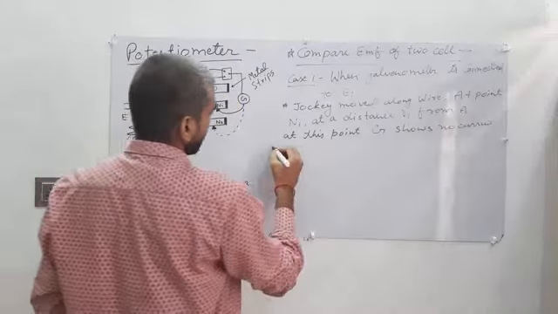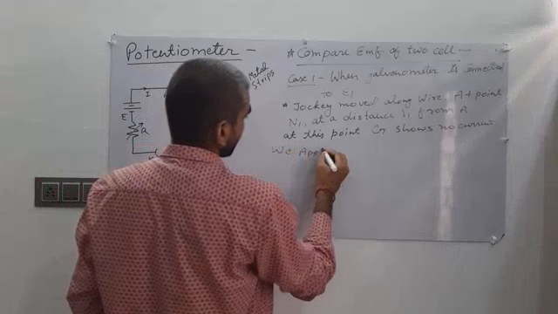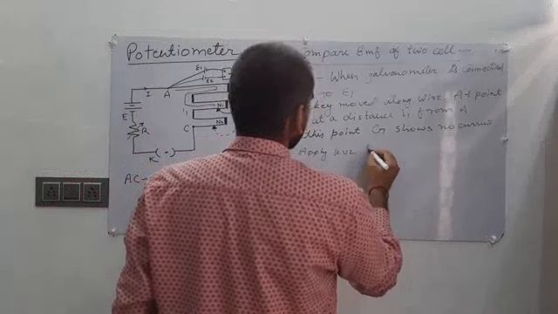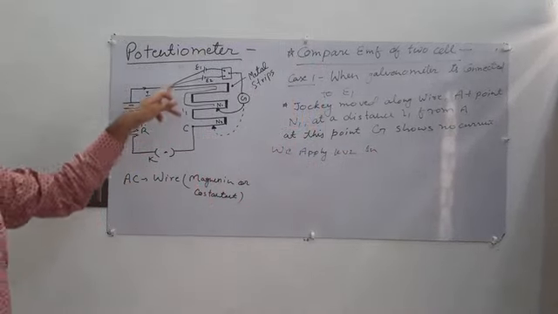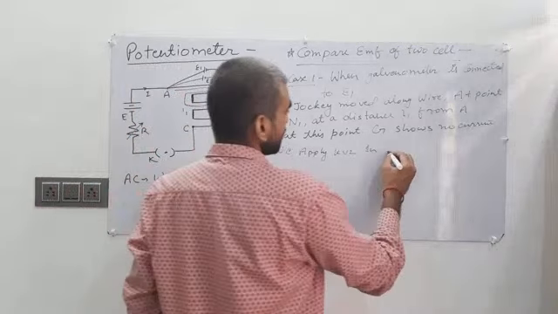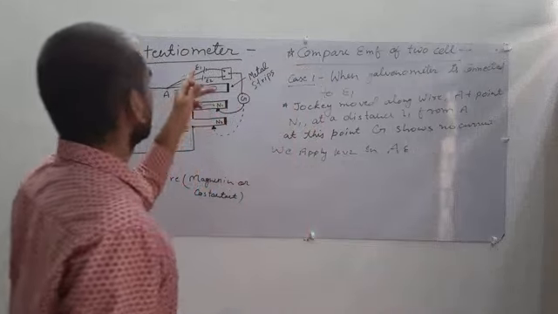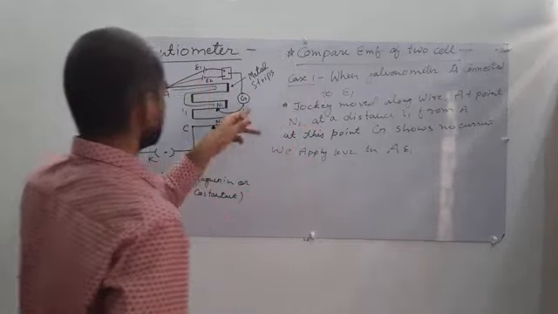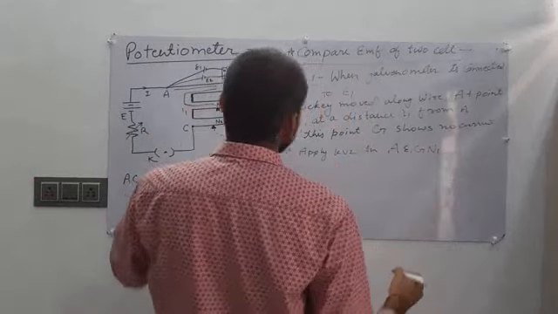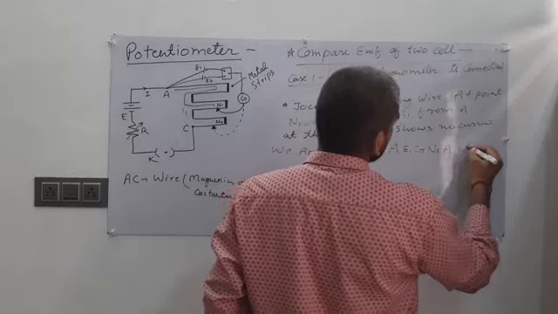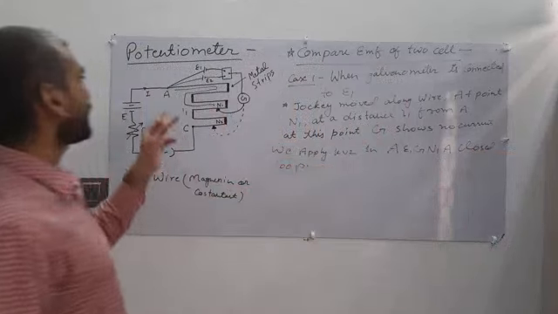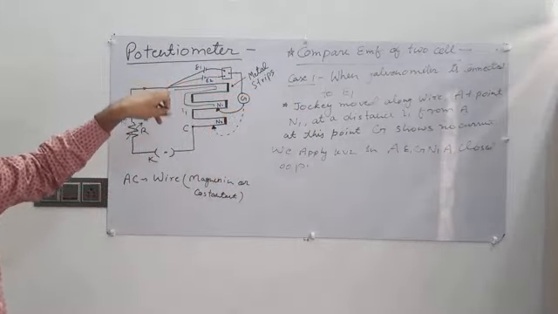Now we apply KVL in the loop A E1 G N1 A. If you see carefully, this makes a closed loop, that's why we apply KVL.